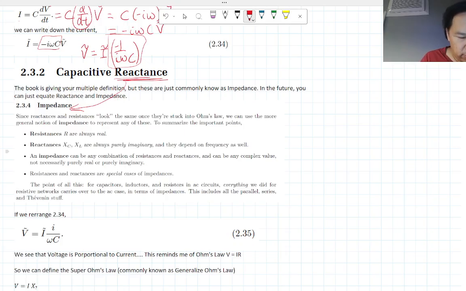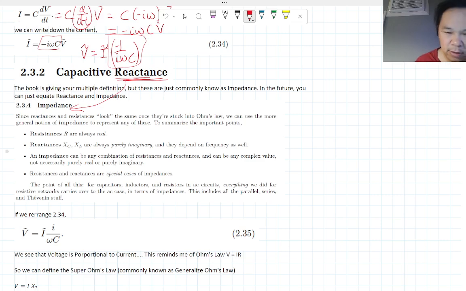Just equate them to impedance, okay? And in real life, everybody just uses impedance. Resistance is still used because resistance is actually a special term. So all three of these terms mean the same thing.